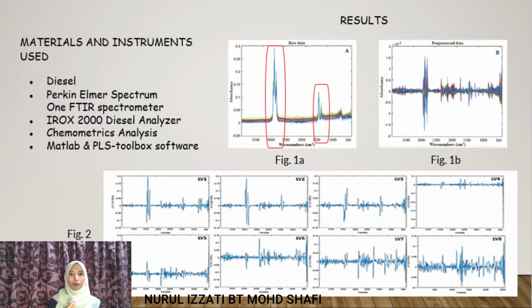Figure 1b shows the effect of pre-processing of spectra. In Figure 2, the first three LVs show that the absorbances at 2900 and 2830 cm⁻¹, caused by the CH3 and CH2 symmetric stretch, had the highest weight.